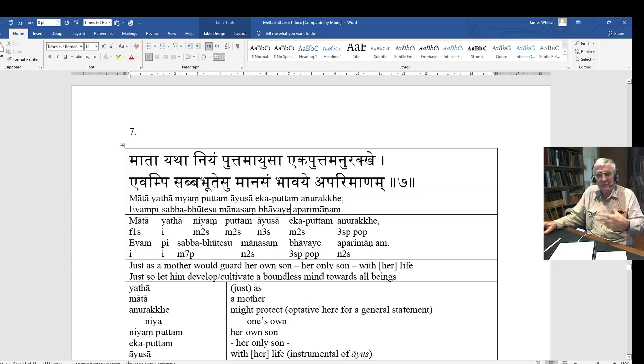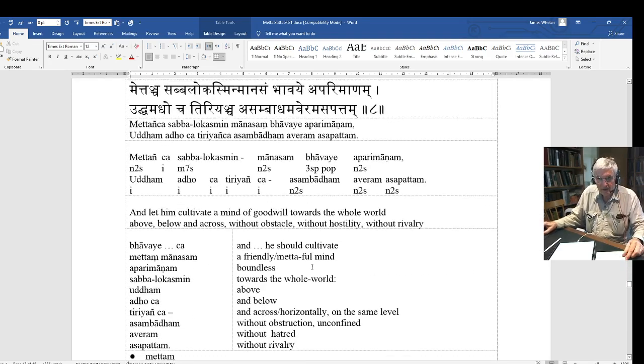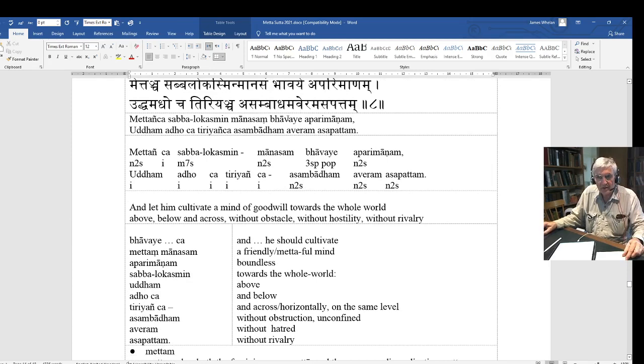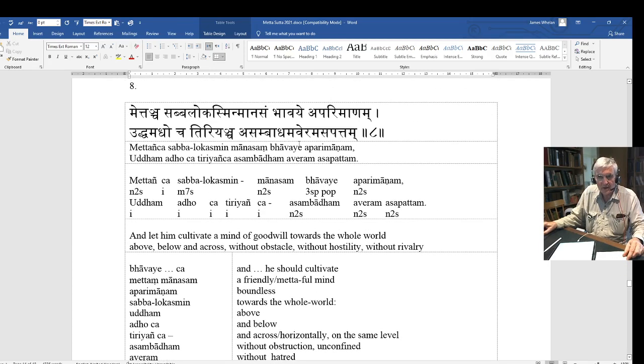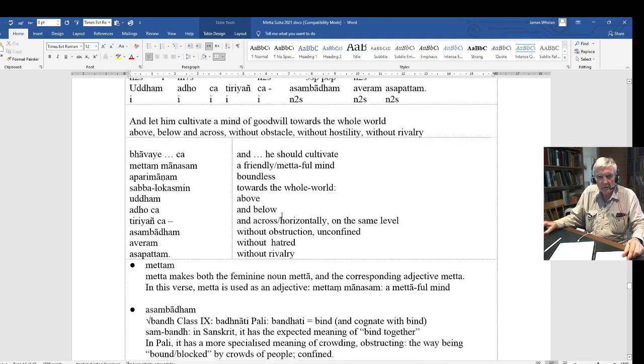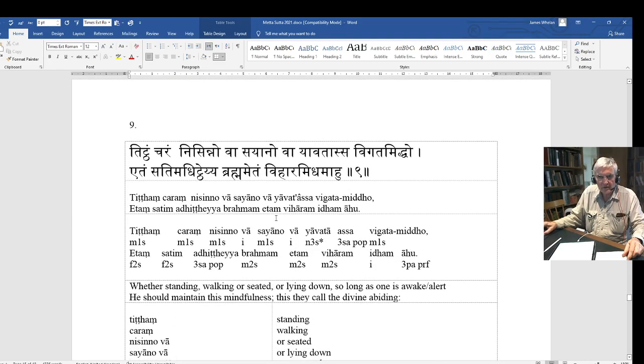Let one cultivate or nurture. So, optative again, bhavaye. And then the same bhavaye is repeated in verse 8, manasam bhavaye aparimanam. No more there. Go down to verse 9.